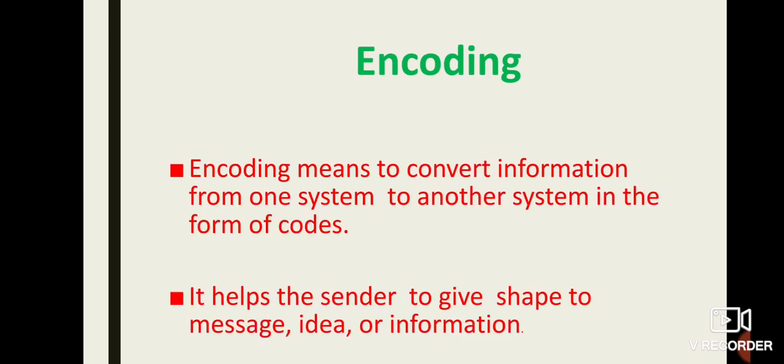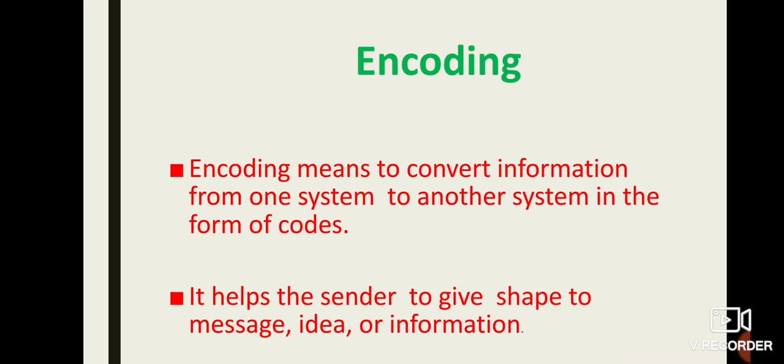We'll move to our next step, which is encoding. Encoding means to convert information from one system to another in the form of codes. It helps the sender to give shape to a message, idea or information.